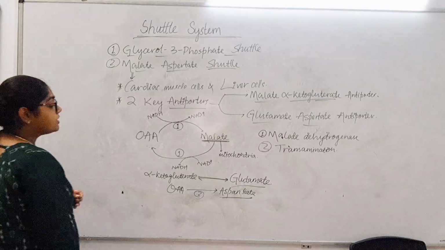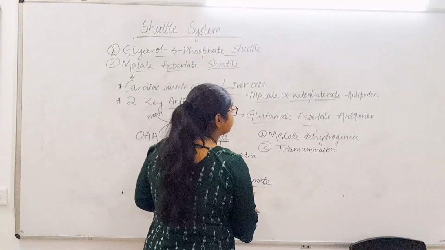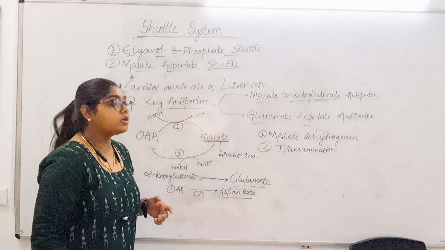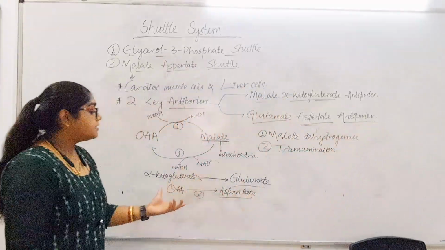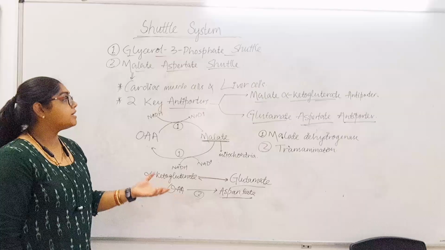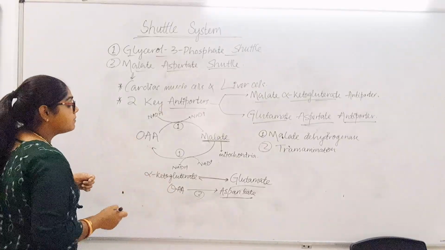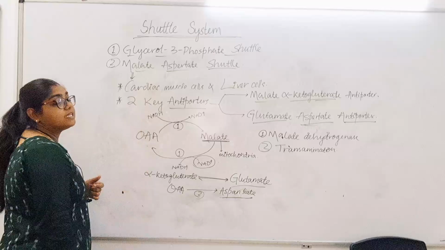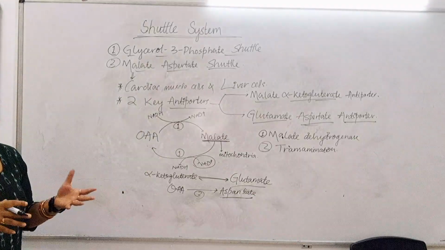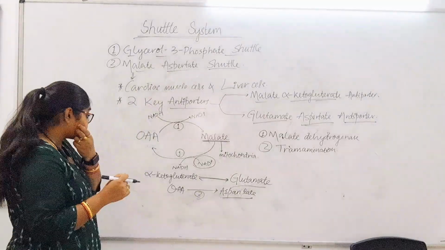So now this glutamate and aspartate act as an antiporter, that is the glutamate aspartate antiporter, and it again brings NAD plus back to the cytosol for the glycolysis process.